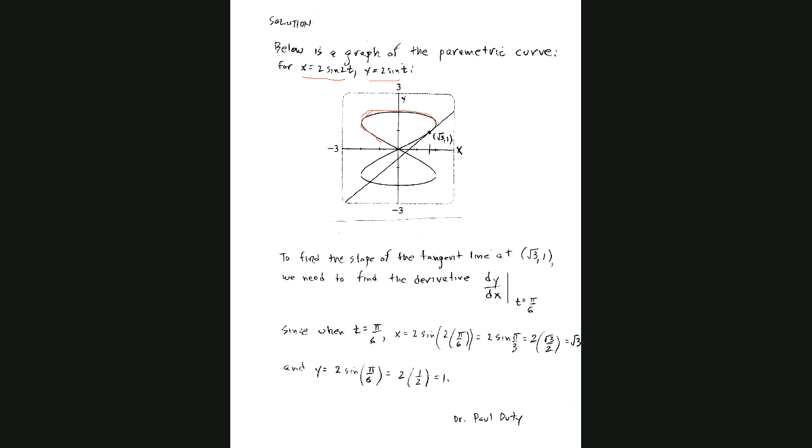So there's my curve, and I've drawn a tangent line here that passes through the point (√3, 1). And (√3, 1) is on the curve.